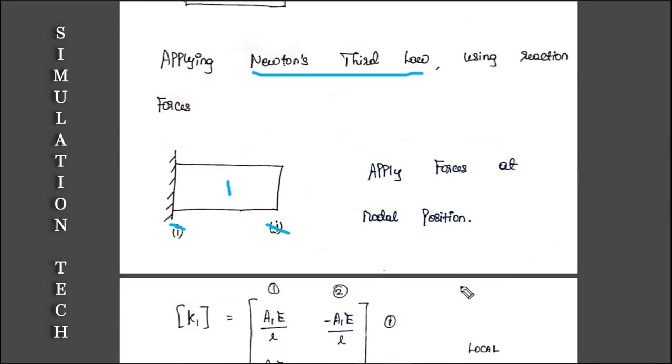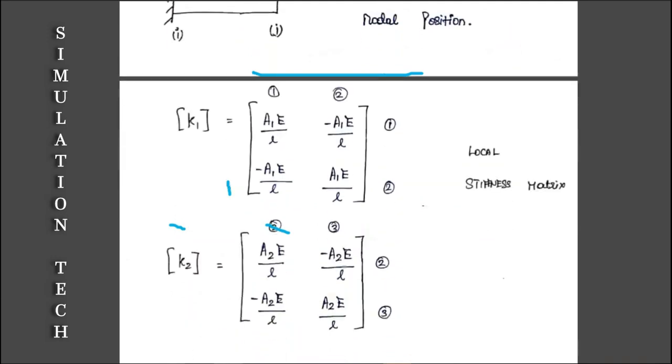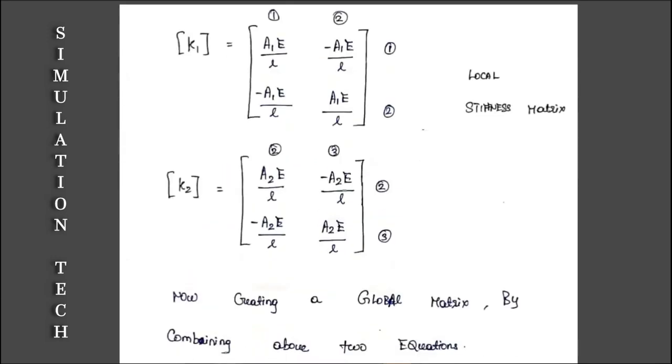So apply the forces at the nodal positions. We first need to find the local matrix. What is a local matrix? As I said before, I separate it into two parts, part 1 and part 2. We have 3 nodes over here, n1, n2 and n3. K1 is equal to A1 E by L. These forces are applied at the n1 point, nodal point 1. As I said before, in Newton's third law each and every force has an equal and opposite reaction.